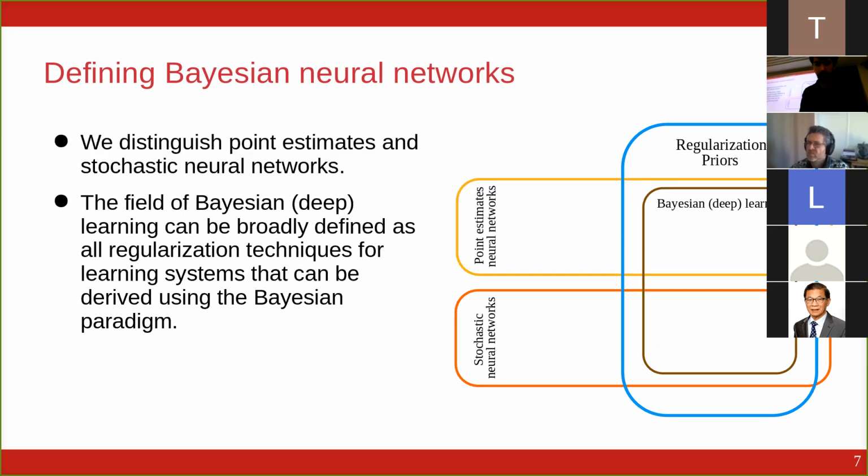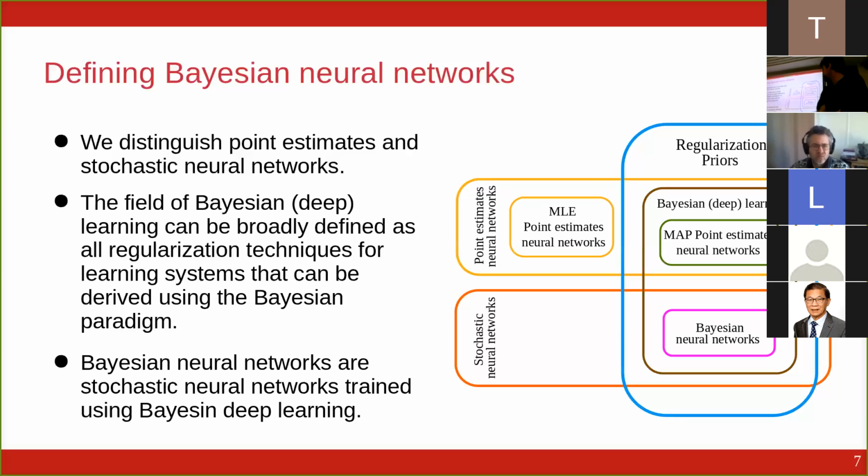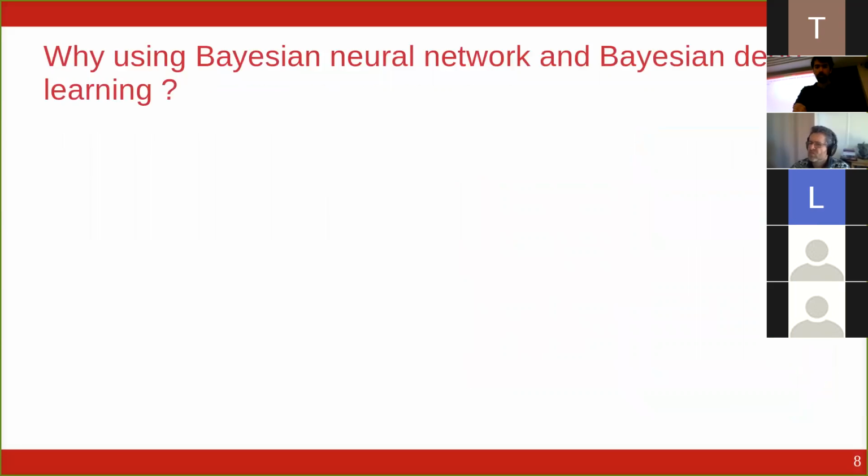And now we define the maximum likelihood point estimate neural networks to be unregularized point estimate neural networks, the maximum a posteriori point estimate neural networks, which are point estimate neural networks, but trained using Bayesian formalism, and the neural networks that we are interested in today, the Bayesian neural networks, which are stochastic neural networks trained using the Bayesian paradigm.